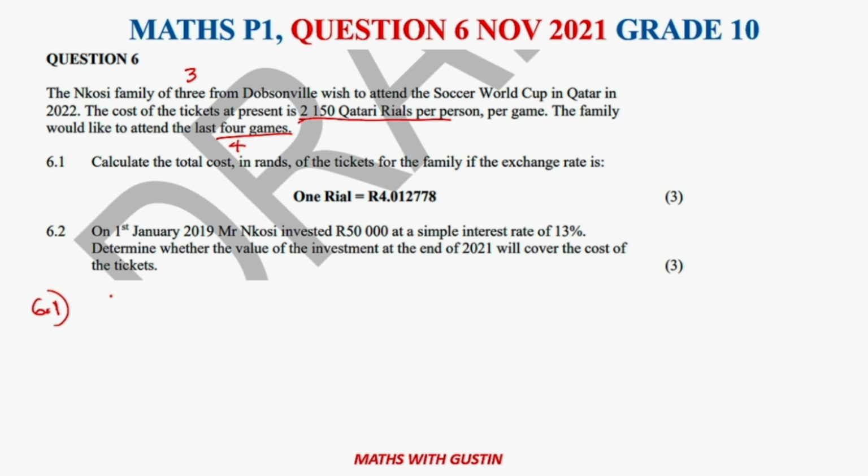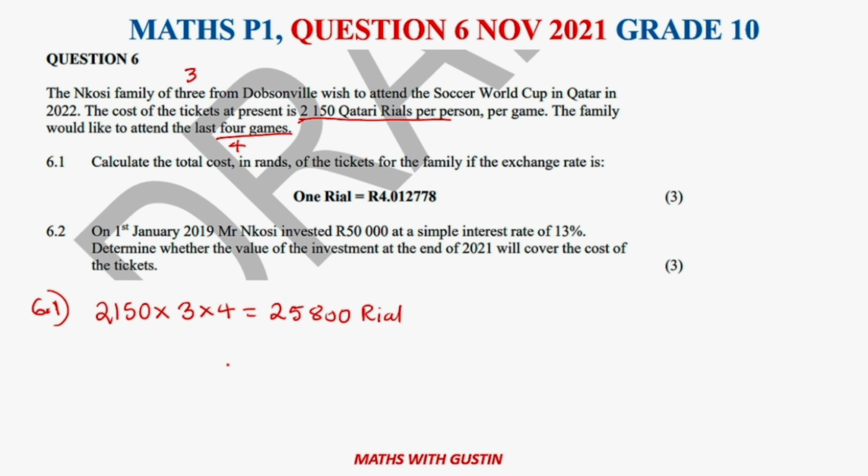There are three family members and they want to attend 4 games, so the total amount in Qatari currency is 25,800.